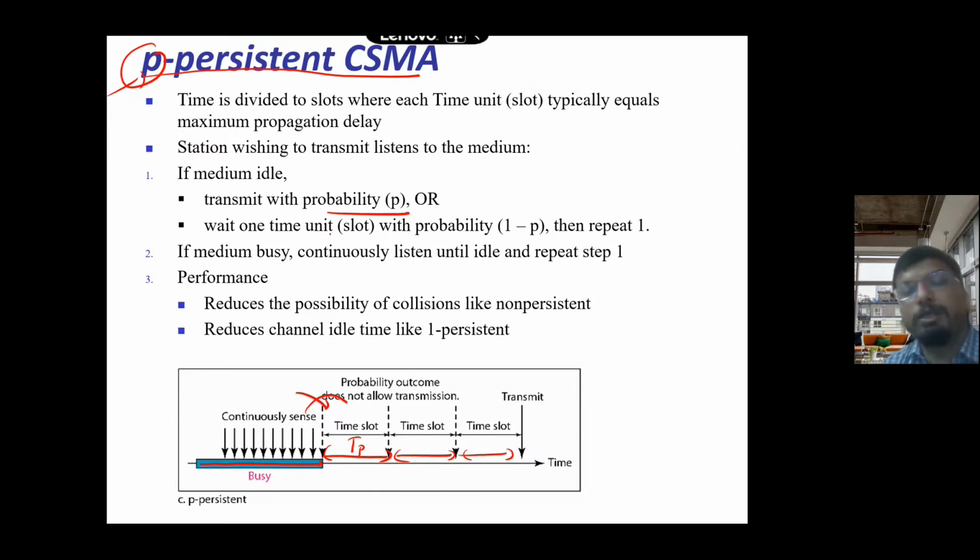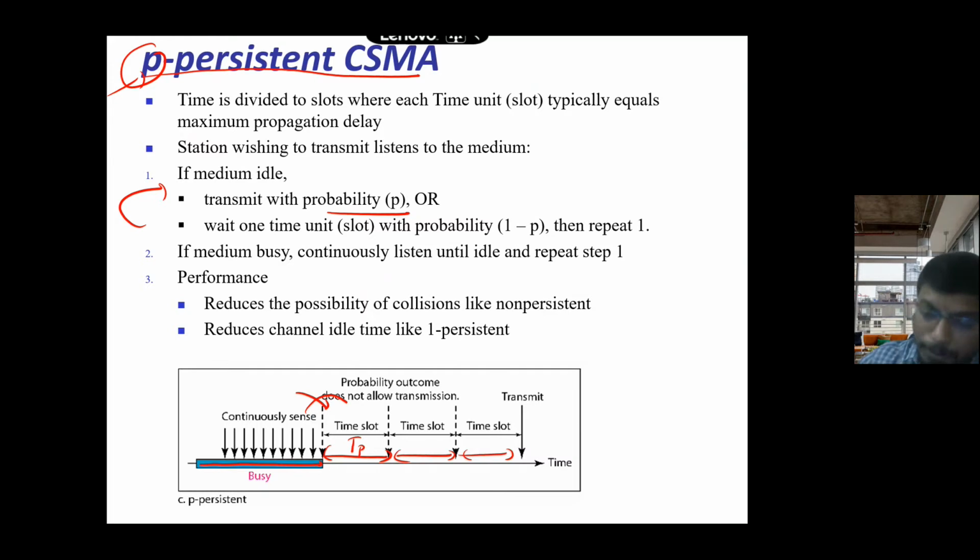Or you wait one time slot with the probability of 1 minus P and again repeat this, right? So if the medium is busy, you're going to continuously listen until idle. But as soon as the medium becomes idle, you're not going to capture the medium with the probability of 1, but you're going to try to capture the medium, transmit with the probability of P, and wait with the probability of 1 minus P for the next time slot and repeat.